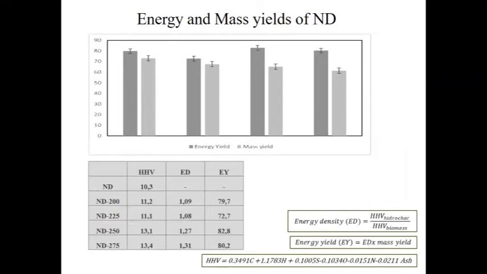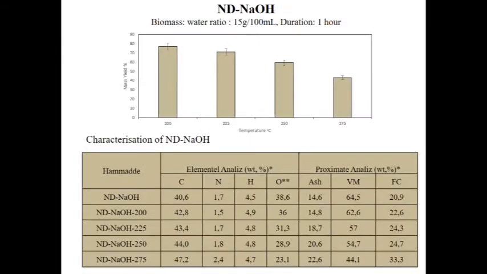And also the energy yield decreased with the increase in temperature due to low mass yield at higher temperature. Again, as temperature increases, the mass yield decreases.